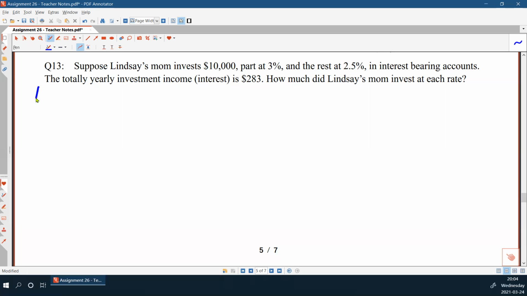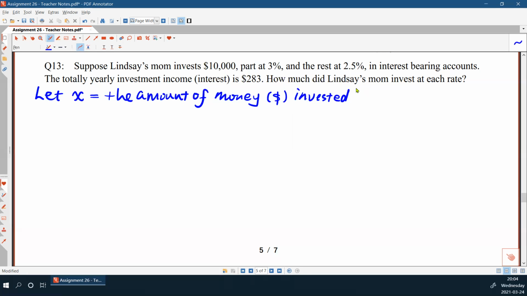So let's say we use the letter X to denote the amount of money, the unit is dollars, invested at 3%.